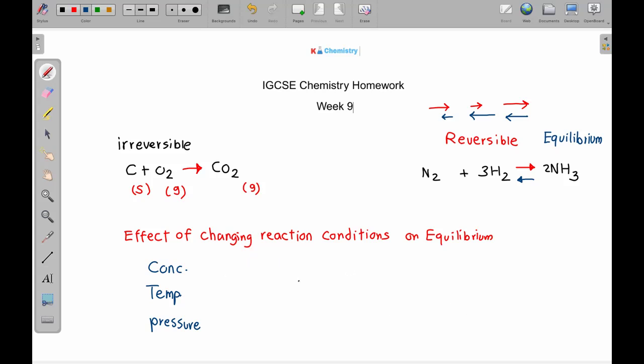So instead of the reaction happening in equilibrium with the rate of the forward equal to the rate of the backward, changing these concentrations, like increasing or decreasing one of the concentrations, or increasing or decreasing temperature, or increasing or decreasing pressure, can lead to a change in the equilibrium position.